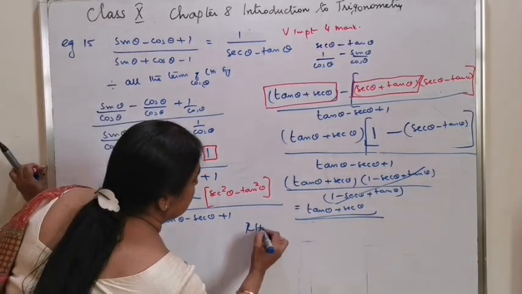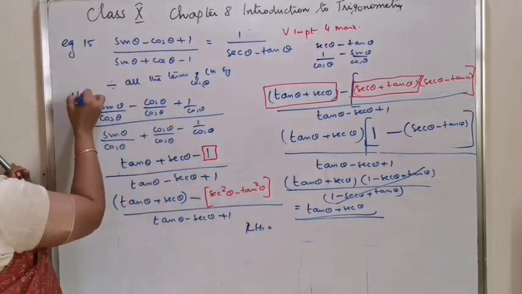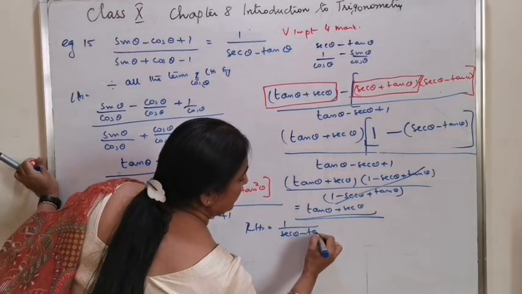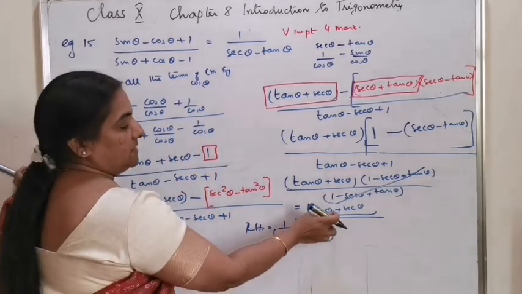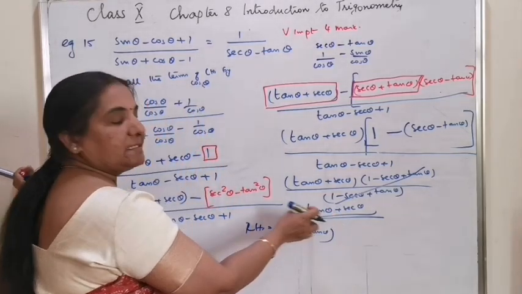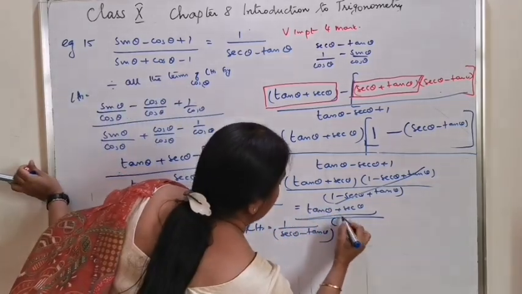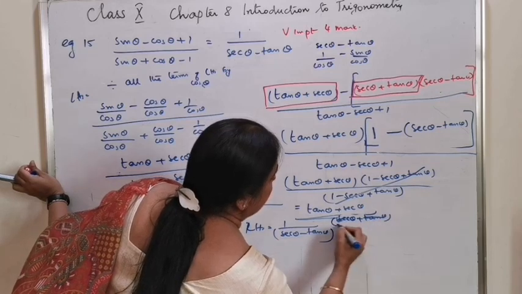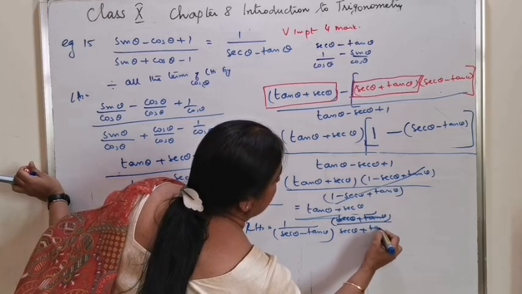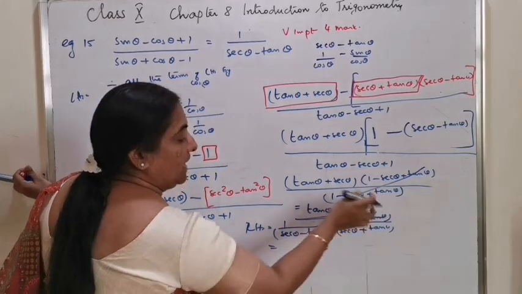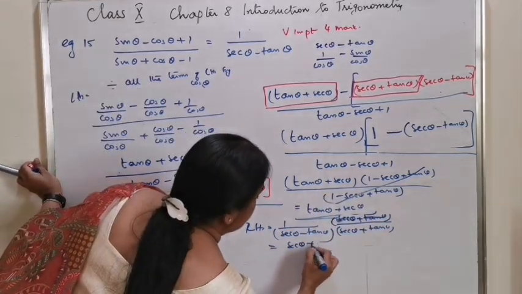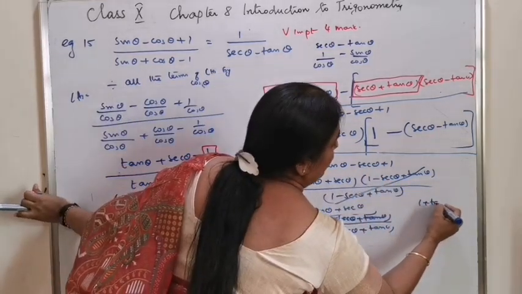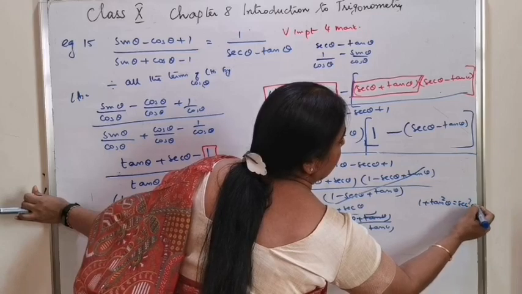So, RHS is equal to 1 by sec theta minus tan theta. Since our method is done, we have to get the answer tan theta plus sec theta, so we multiply and divide with the conjugate, that is sec theta plus tan theta divided by sec theta plus tan theta. 1 into sec theta plus tan theta is sec theta plus tan theta, and the identity is 1 plus tan square theta is equal to sec square theta.